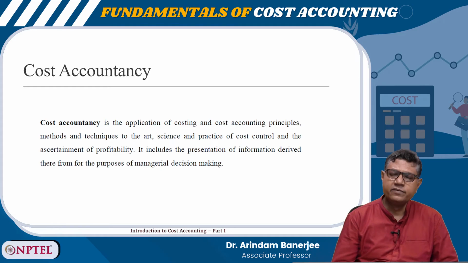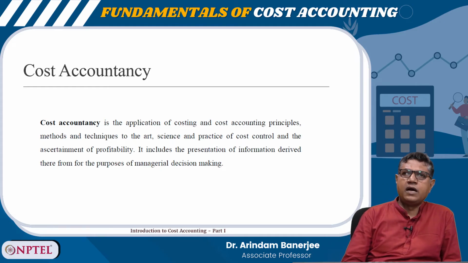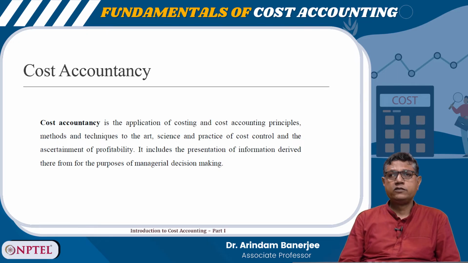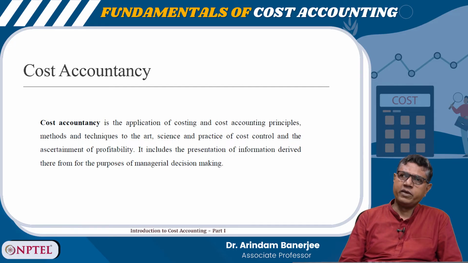As I said earlier, unlike financial accounting, cost accounting is primarily used for internal consumption. It is not for reporting to common people in general or the investors in general. So, the primary use of cost accountancy, the cost accounting data, is for internal consumption and for managerial decision making.